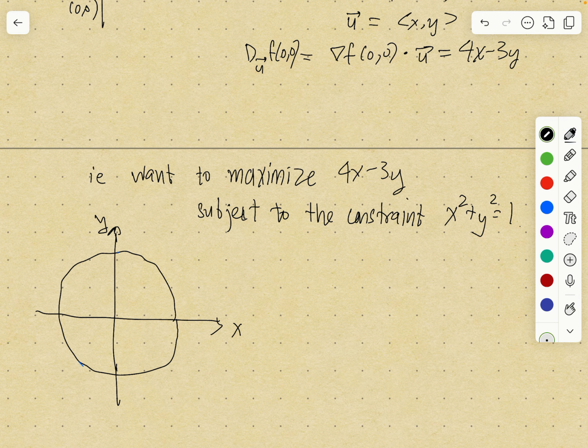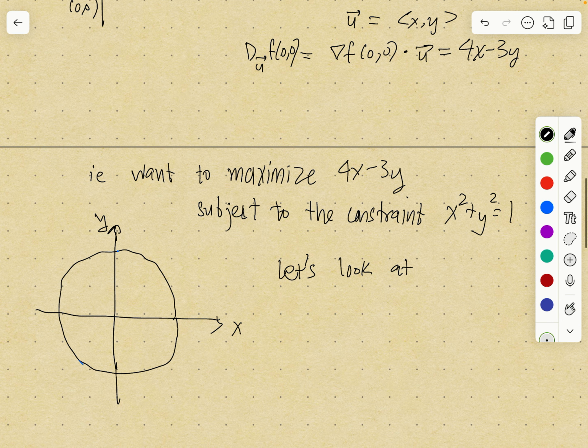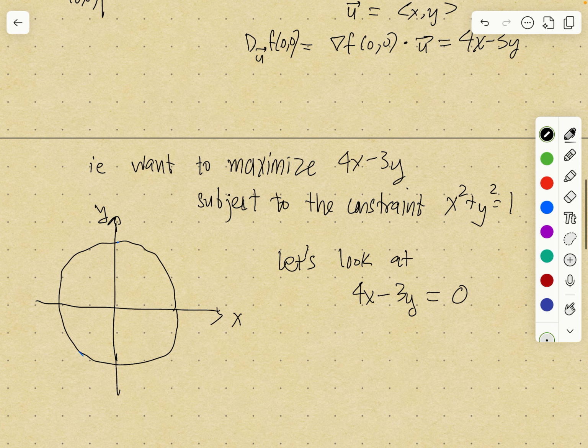Well, let's look at the graph of 4x minus 3y equals 0. The graph of 4x minus 3y equals 0 is a line. It's just given by y equals 4/3 x. Is that right? Yeah, 4/3 x. So if you look at y equals 4/3 x, that's this line.